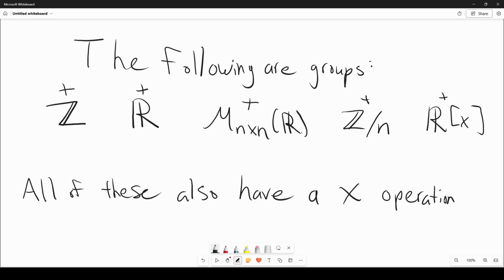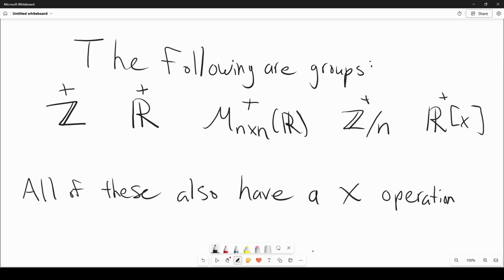Now, maybe you'll say, okay, but the times operation doesn't necessarily have inverses. It doesn't make it into a group. And you're right. For all these examples, it doesn't. In some cases, it might actually. But in almost every single case, it doesn't.